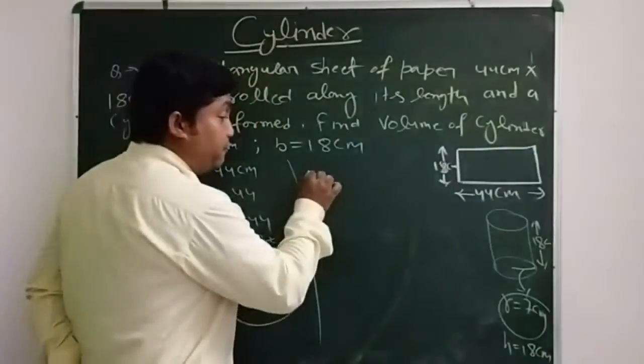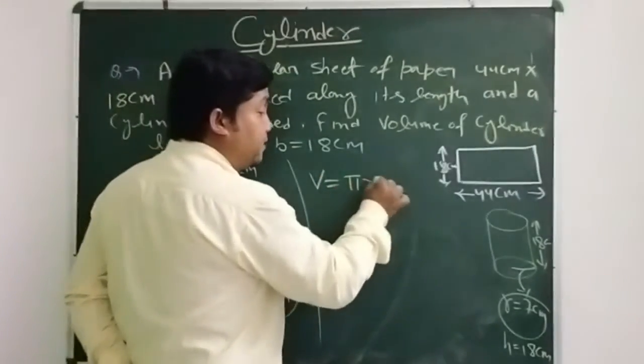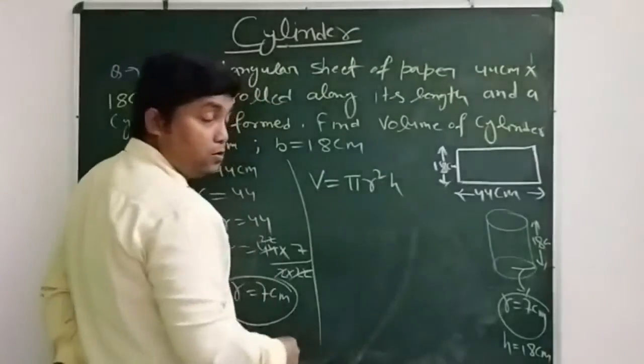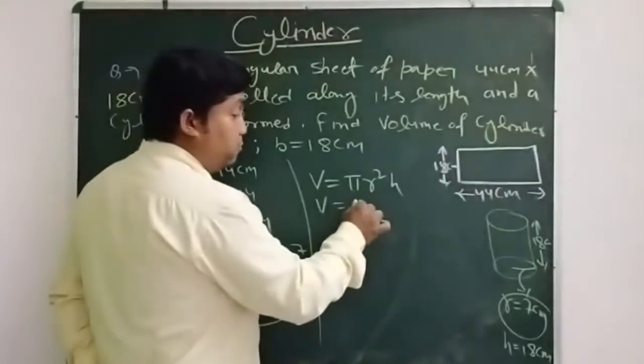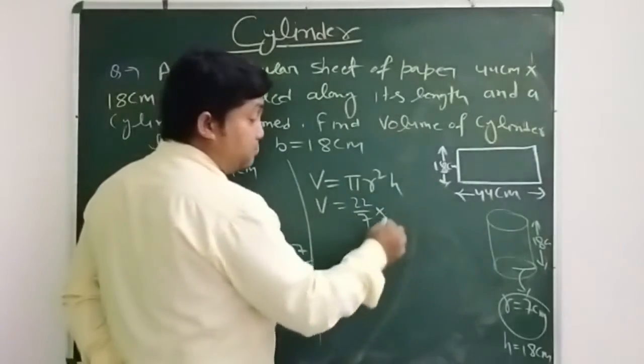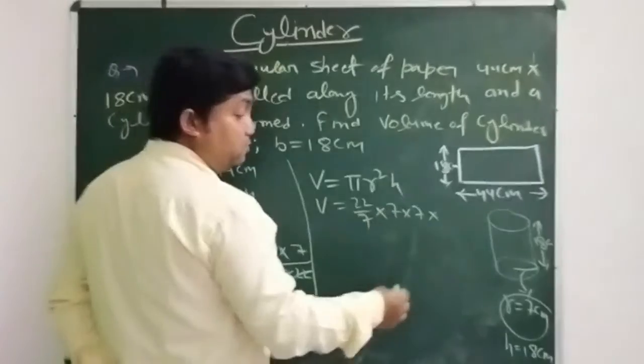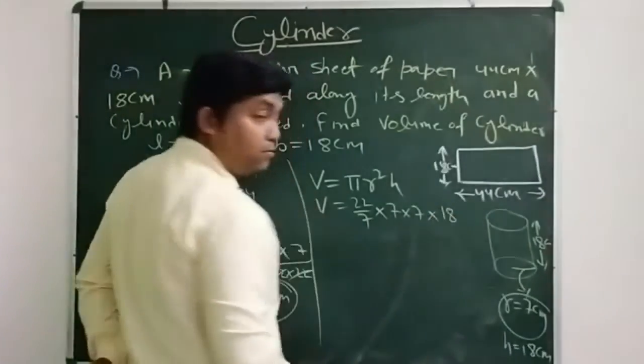Okay, we have to find the volume. The formula of volume is pi r square h. So the value of pi is 22 upon 7, the value of r is 7 into 7, and the height is equal to 18 centimeter.